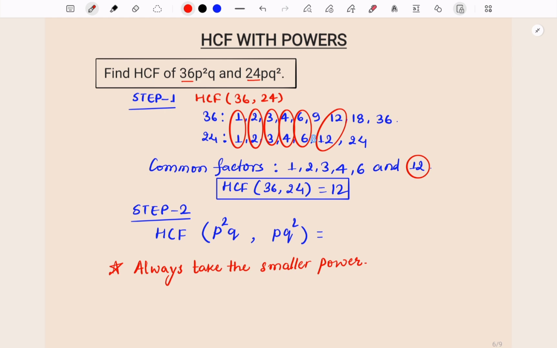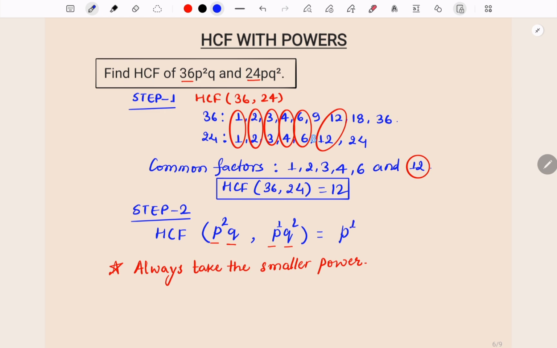Now let's implement that rule in the current example. Let's talk about p first. Here, p has the power of 2, and here p has the power of 1. So, using the rule, we will take the smaller power, that is p raised to the power of 1.